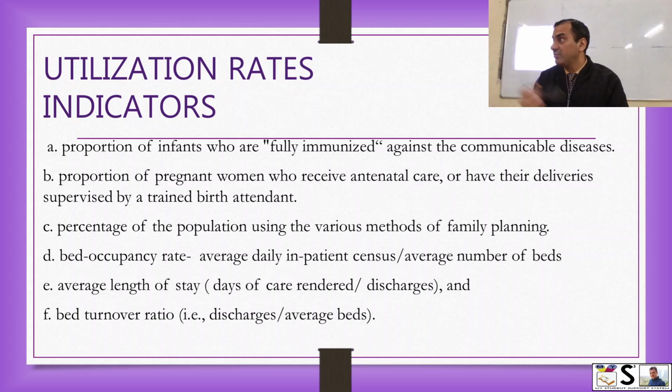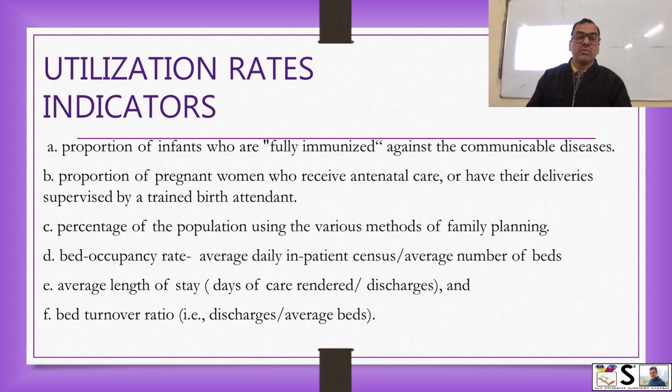That's why we are not able to cover immunization 100%. Okay. And in the same way we have a sufficient number of family planning methods, but the community is not using them. So these are known as utilization indicators, how the people are utilizing the health services from the health centers.